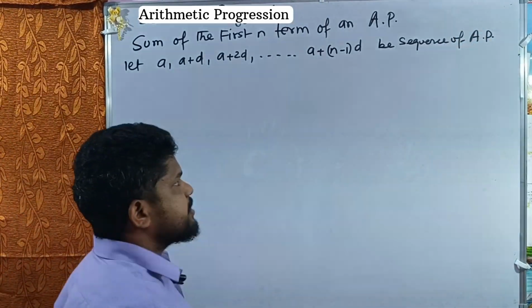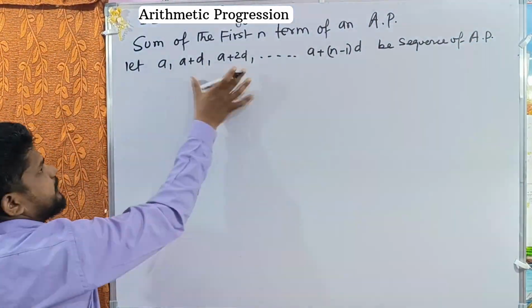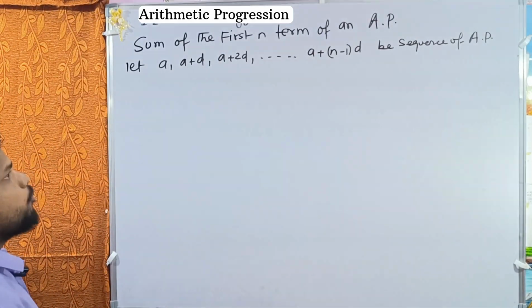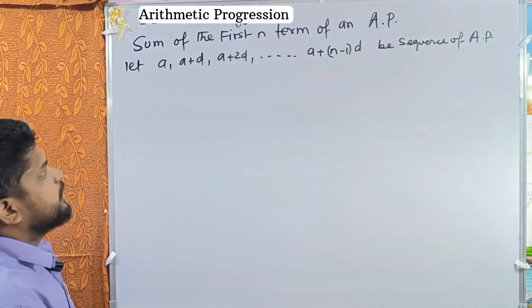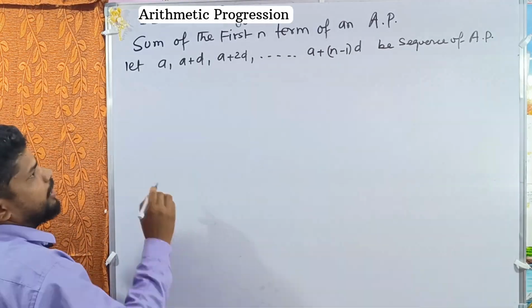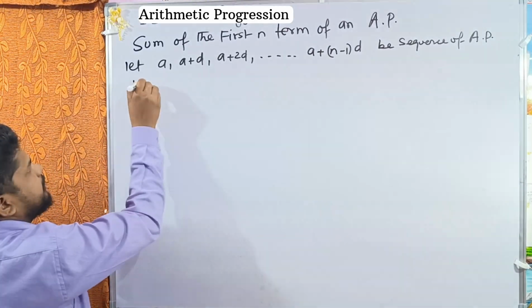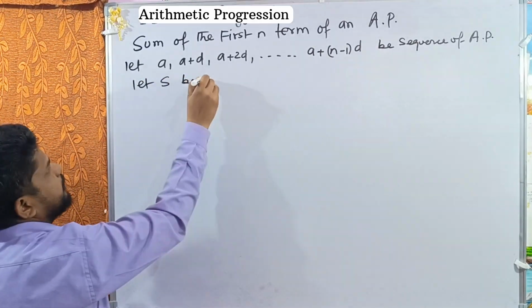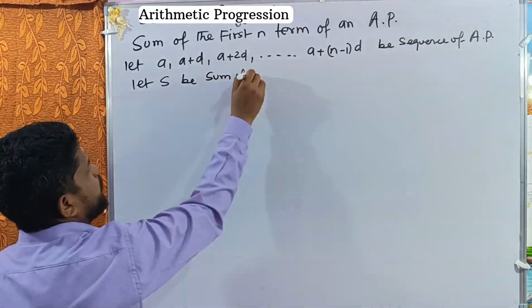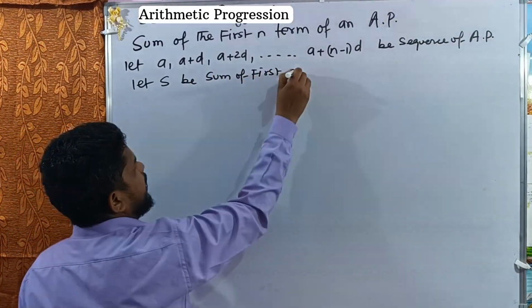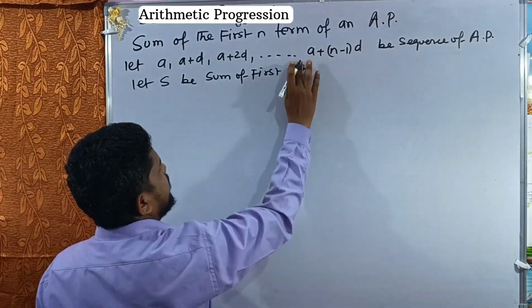Now we aim to add the first n terms, so let S be the sum of the first n terms.